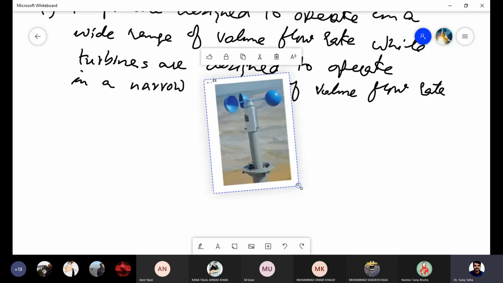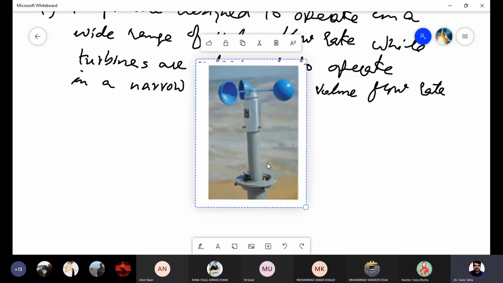In this figure, you can see these half cup type anemometers, right? They are used by meteorologists to measure the wind speed.